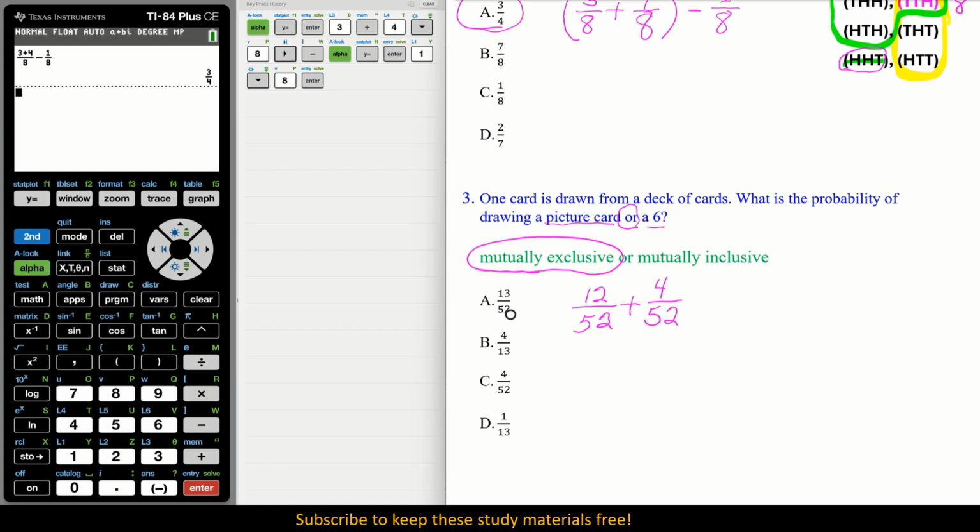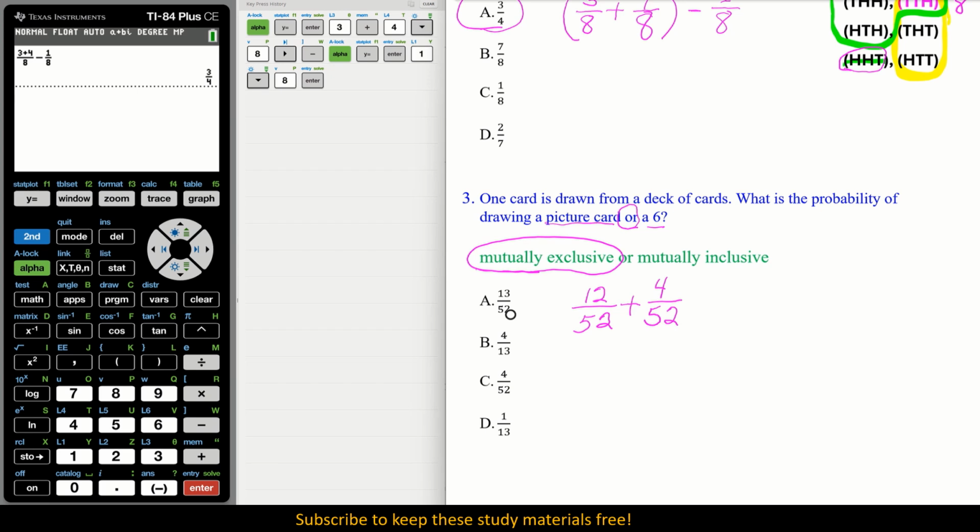Now, with this question, we did have to do some assuming. One, we assumed that it was a standard deck of playing cards, and we also assumed that there was replacement after you drew the card, even though it didn't say. Okay? Right. Well, now we know what to put in the calculator.